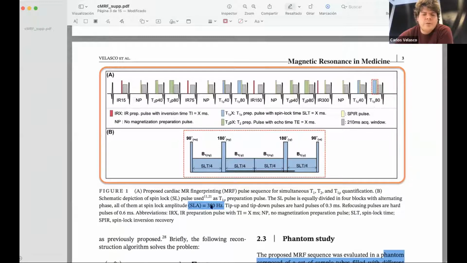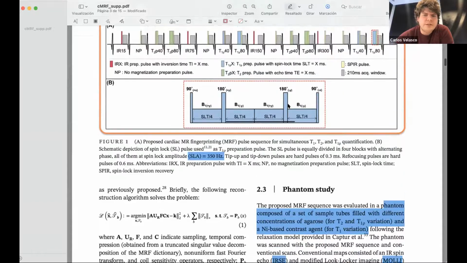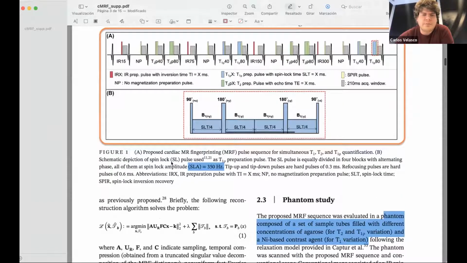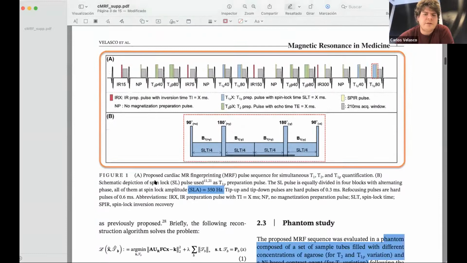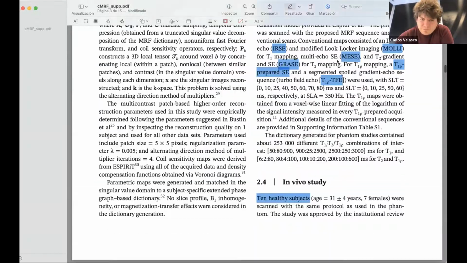We played our pulses at the maximum spin-lock amplitude available in the scanner, given these 40 and 80 milliseconds of spin-lock time, because there were some SAR limitations. So with this sequence, with also fat suppression and 30 spirals on each readout window, we were able to see the T1, T2, and T1 rho after some regularized reconstruction. The details you will find in the supplementary.